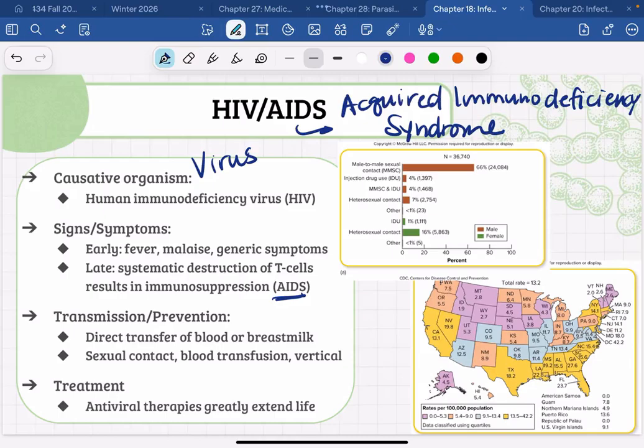All right? So anal sex in general is more likely to cause the transmission of HIV, and men who have sex with men are more likely to have anal sex than heterosexual sex. Okay? Sorry, we had to talk about it.